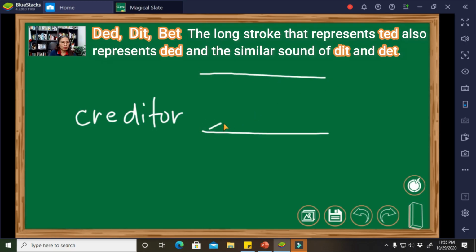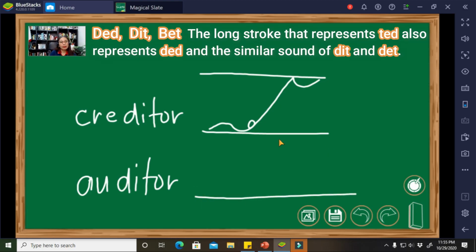So we have wave like and E and D, that, dit, and or. Creditor. Next, last example, we have auditor. Okay. So we have your O, dit, just add or, that is your auditor. Alright. So that is the principle of dead, dit, and that.